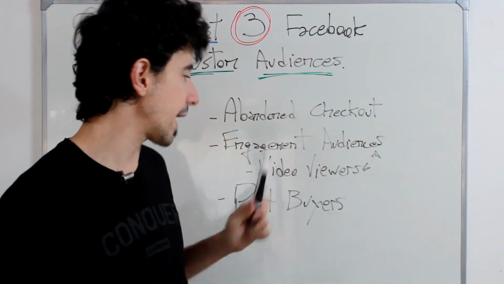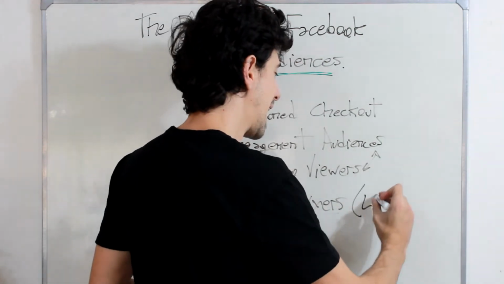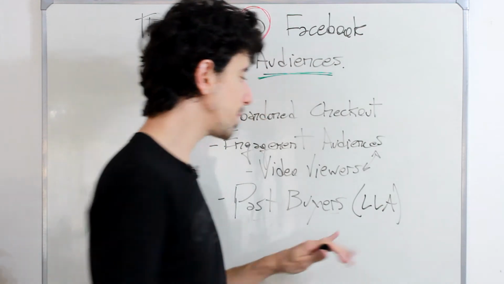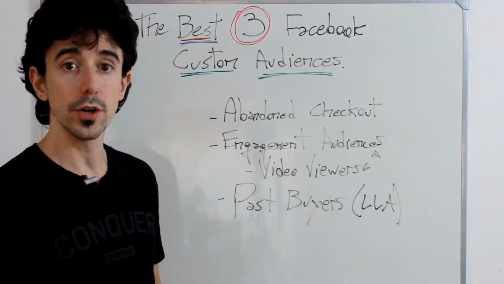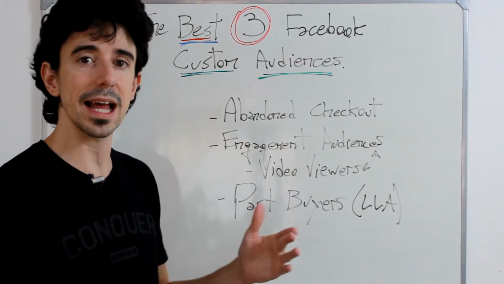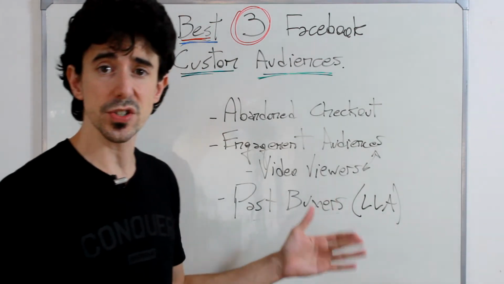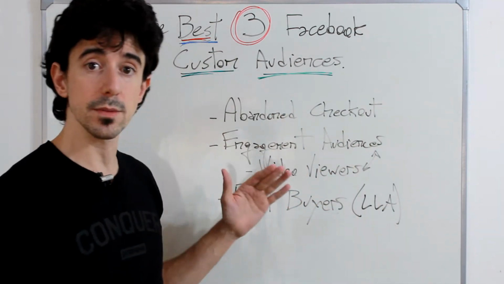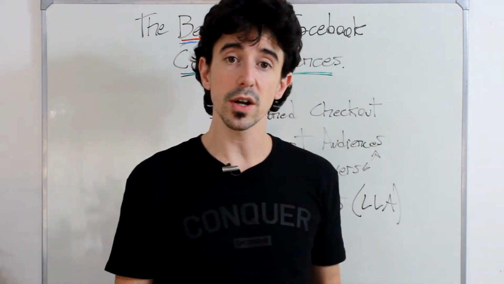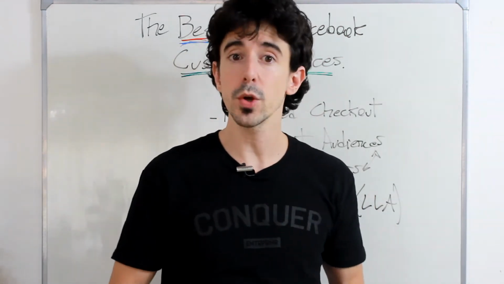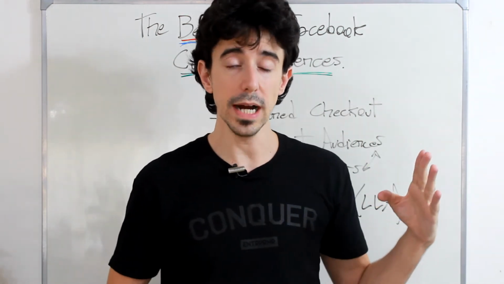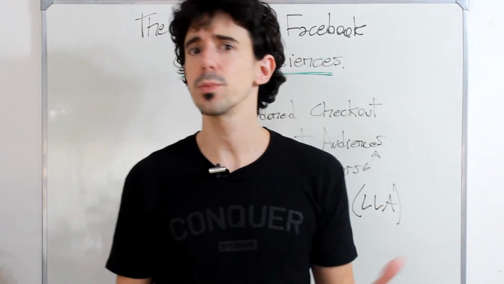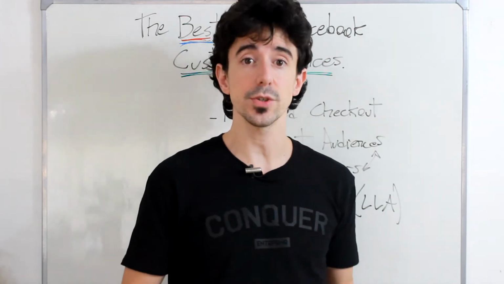So I would say a lookalike from the past buyers would be another great way of expanding your reach. Because if you're uploading 1,000 subscribers, 1,000 buyers to Facebook, on the US, for example, at the minimum reach, which is the 1%, you will get 2.2 or 2.3 million people that you can target, right?